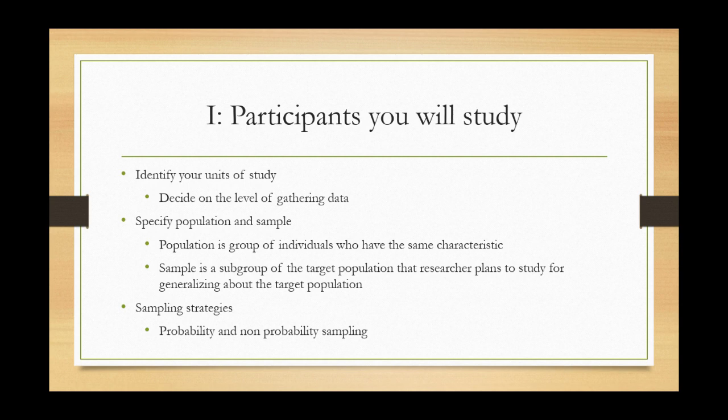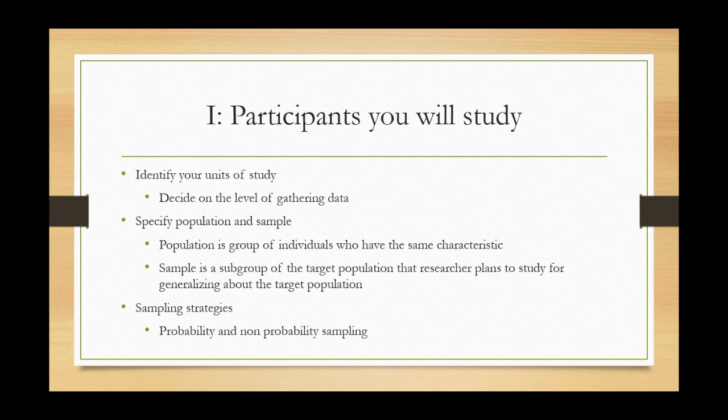We have different terms there. We have mentioned population and sample. So let us talk about what is population and what is sample. Speaking of a population, a population is a group of individuals who have the same characteristic. For example, all students can make up a population of students, or think of instructors at a certain university or different universities.